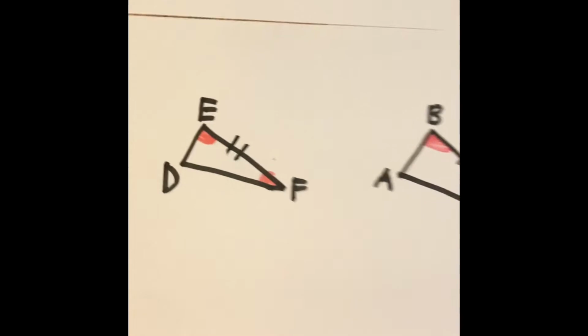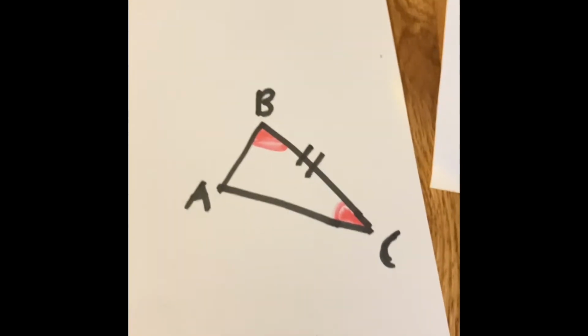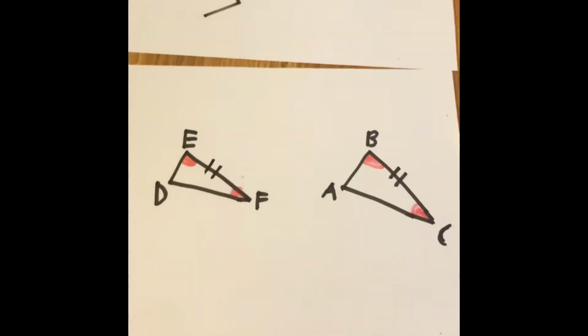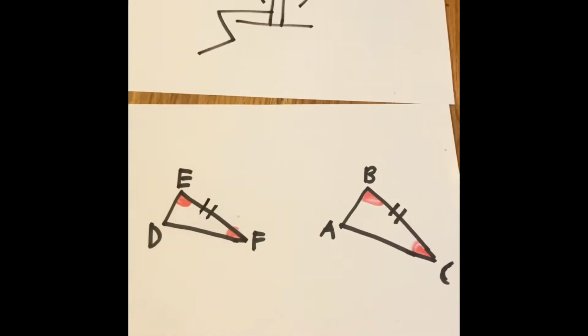So here is a third scenario. We have triangle DEF, and we also have triangle ABC again. What can we say about these triangles?